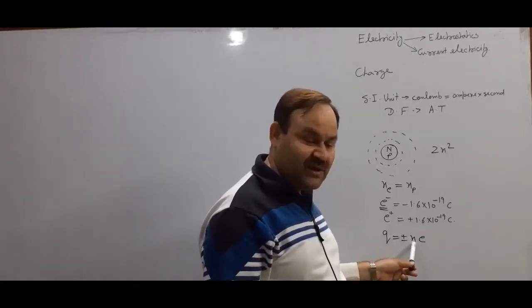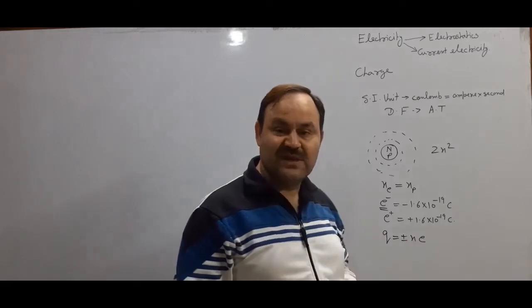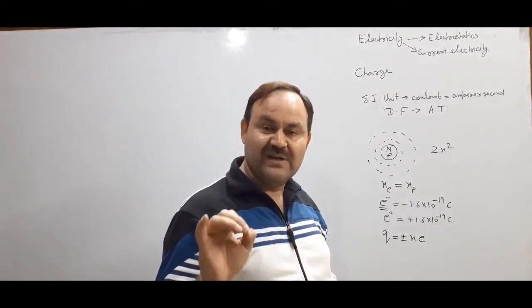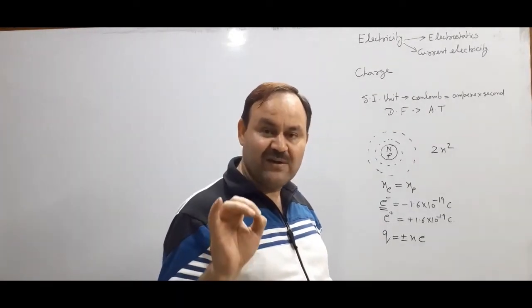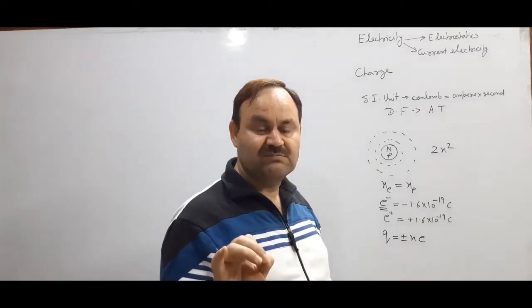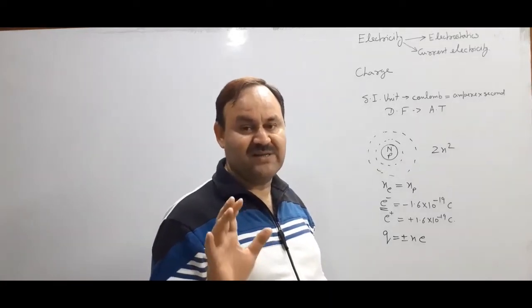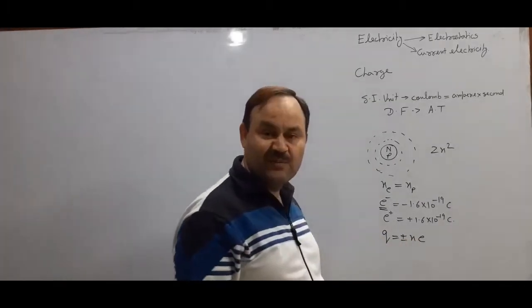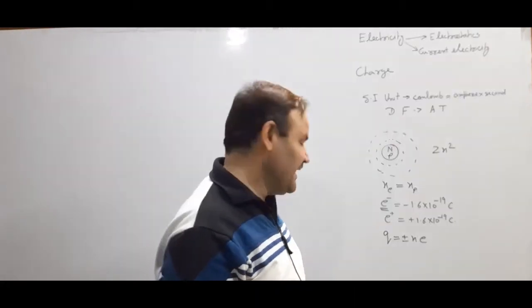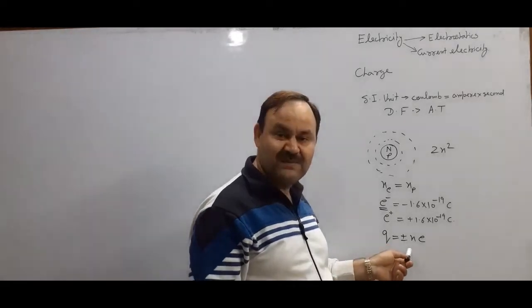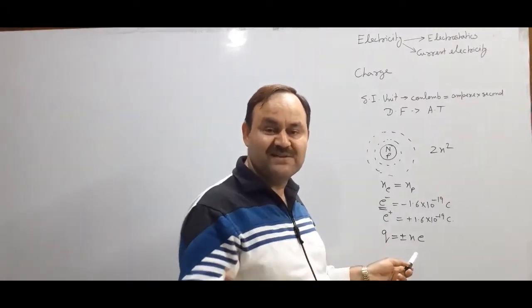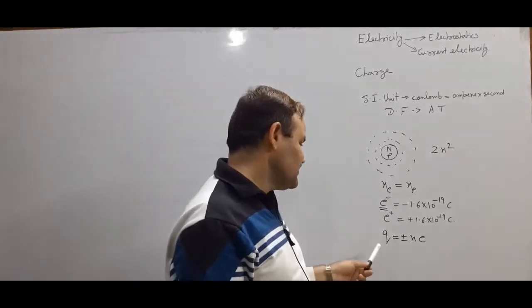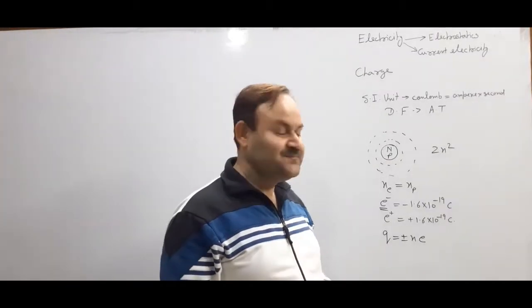It is called the condition of quantization of charge, and any quantity that cannot have all possible values is called quantized. Since charge cannot have all possible values, it will always be either plus minus e, plus minus 2e, plus minus 3e, like that. Hence, charge will be quantized.